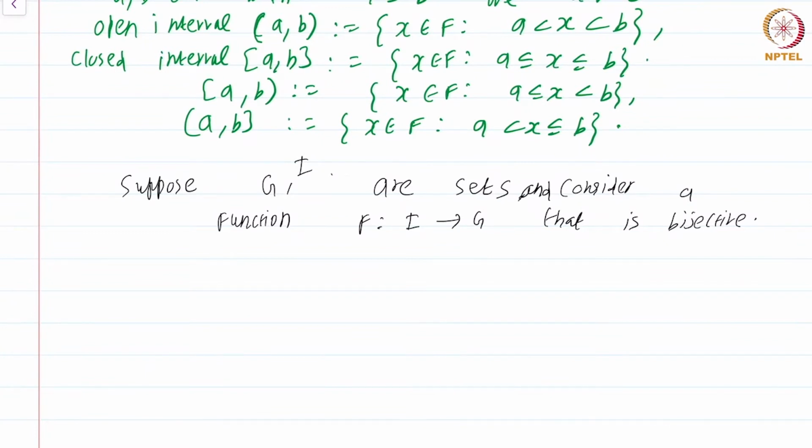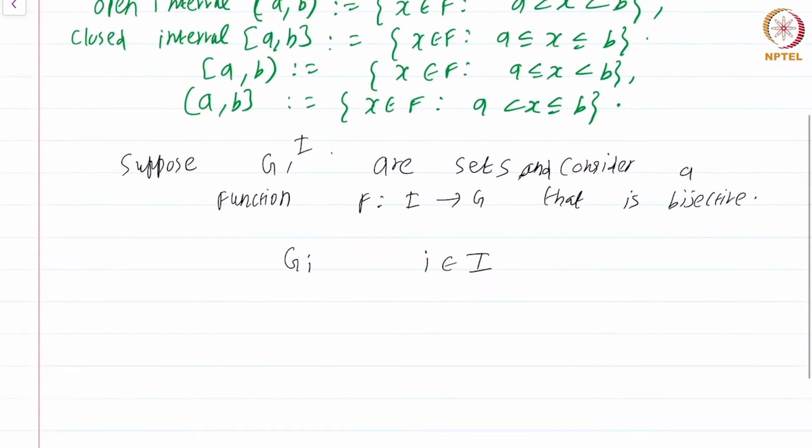Then obviously I can consider the elements of this set G as some G_i where i is coming from capital I. What I'm essentially meaning by this is this G_i is nothing but f of i. So essentially what I have done is I have parameterized the elements of G by this set I. This set I is called the indexing set.